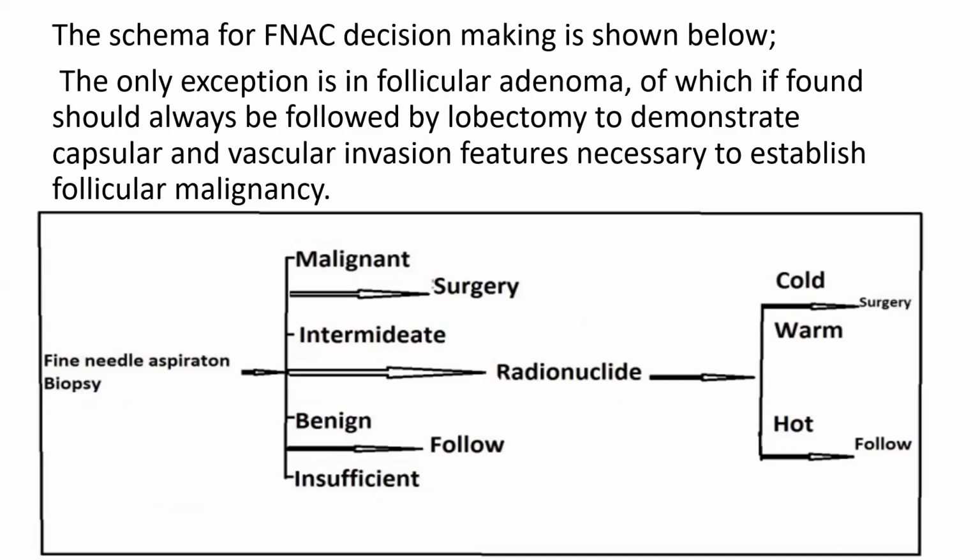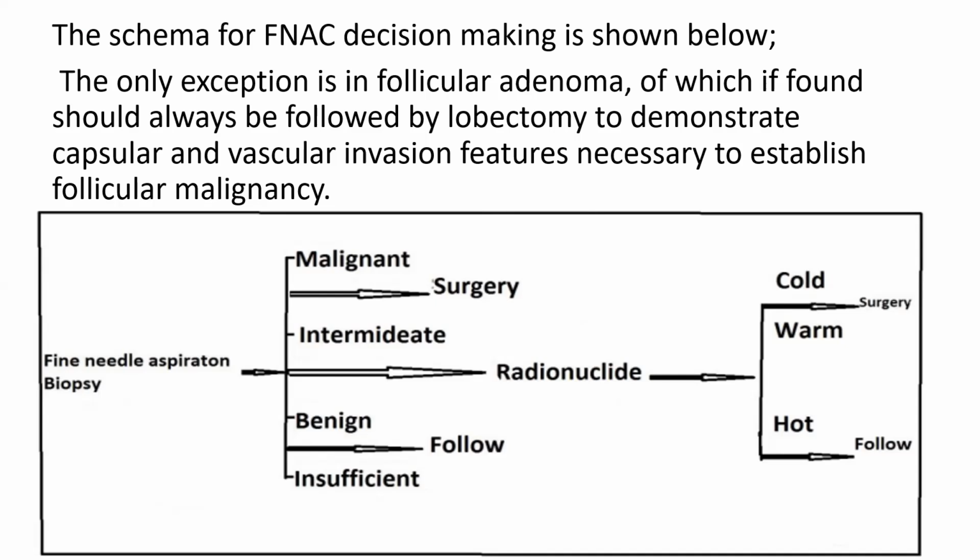So you see this schema. You are doing fine needle aspiration biopsy. If it's malignant, you do surgery. If it's intermediate, then you can do radionuclide scan while you are assessing. If it's cold, surgery. If it's warm, you do surgery. If it's cold or warm, whatever it is. Or you can do fine needle and find it's benign.